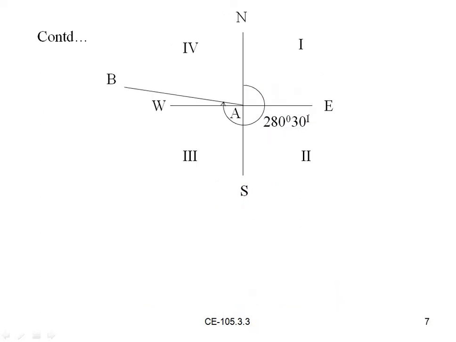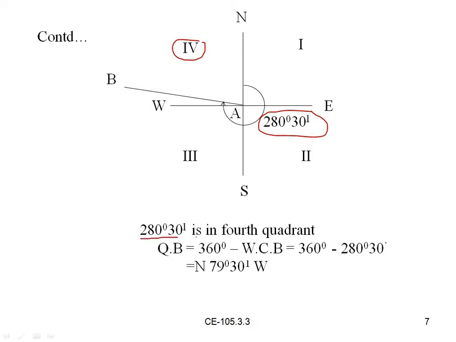The next one, 280 degrees 30 minutes, is in the fourth quadrant. Here you observe it is in the fourth quadrant, so the quadrantal bearing is equal to 360 degrees minus whole circle bearing. Why do we take 360 degrees?